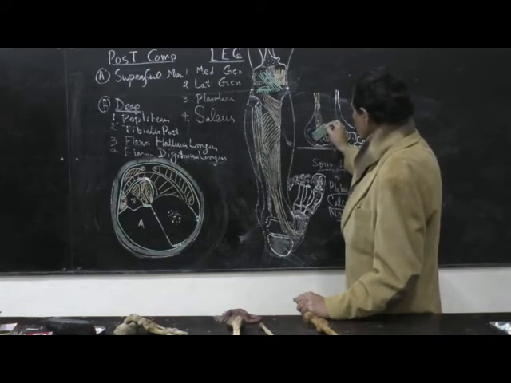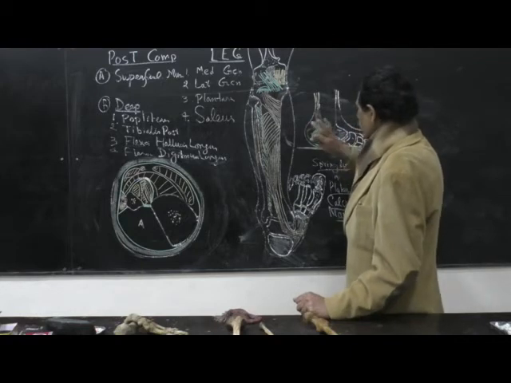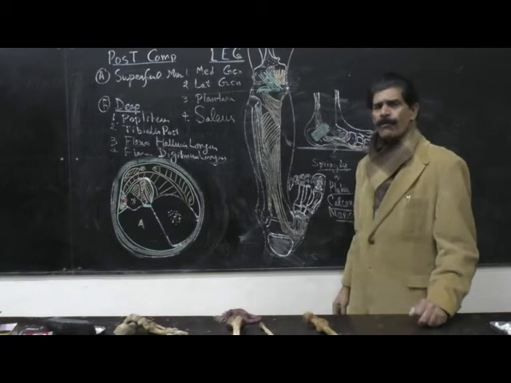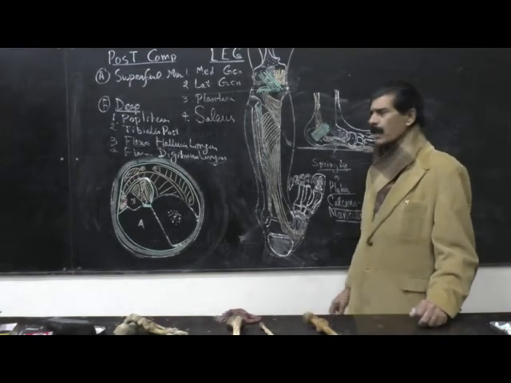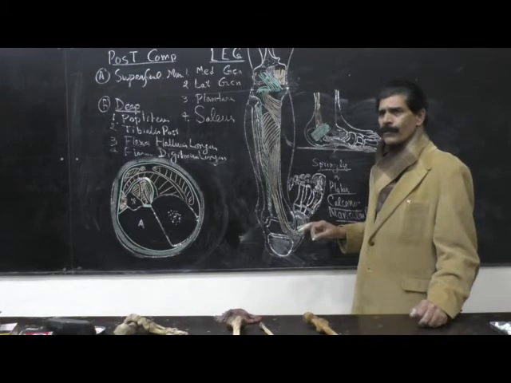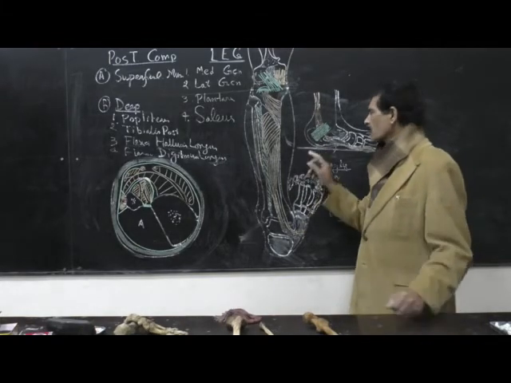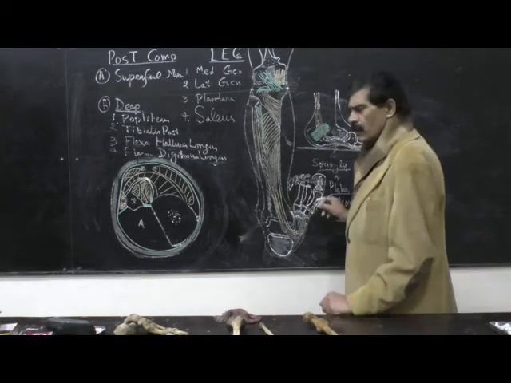So this retinaculum, also called the flexor retinaculum, holds the flexor tendons of the posterior compartment in their anatomical position and touches them on the medial surface of the calcaneum. So that is called the flexor retinaculum. It is the condensation of the deep fascia of the foot.